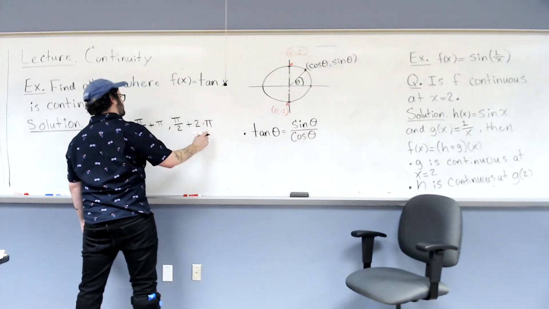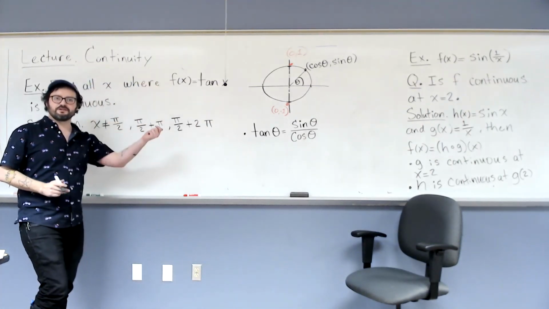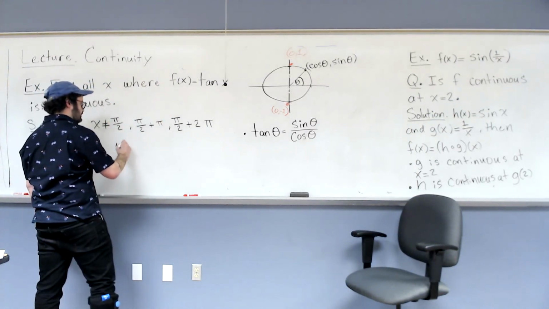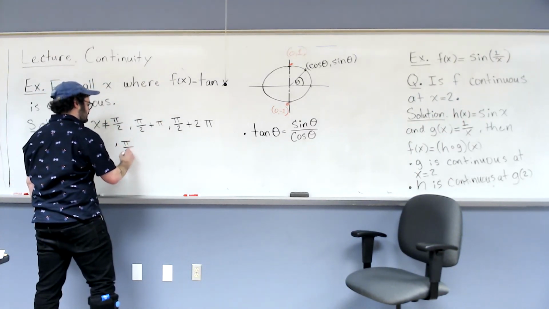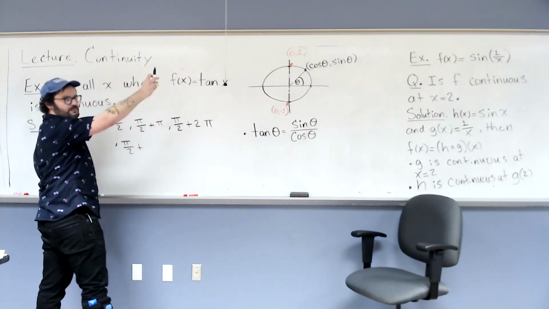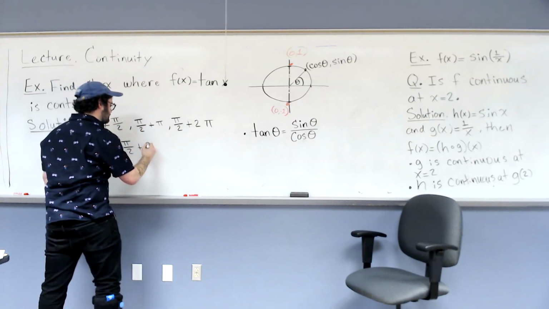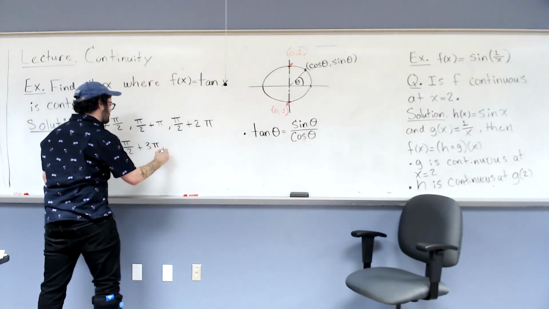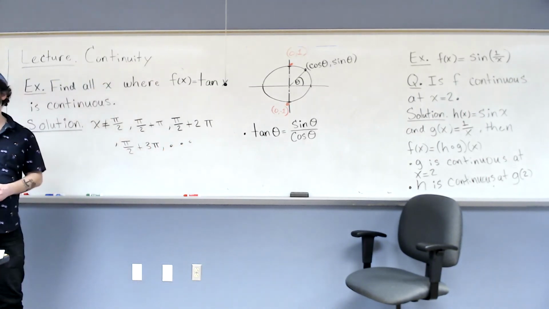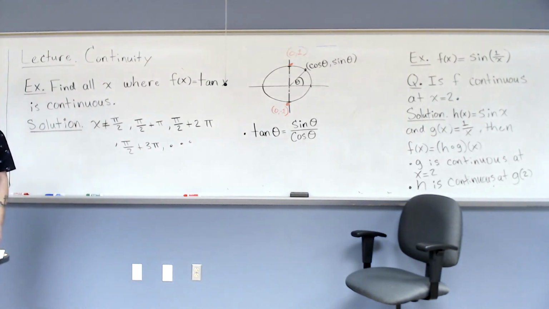So 2 pi. But then once we're up there, we can add another pi, right? So again, pi over 2. Add 1 pi, we go down. Add 2 pi, we come back around. Add 3 pi, we go around again, right? This is going to continue forever. We're always going to circle back around and around, right?